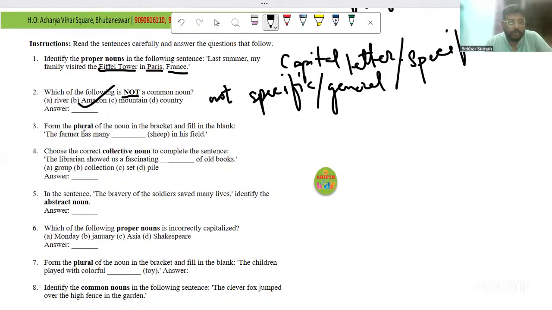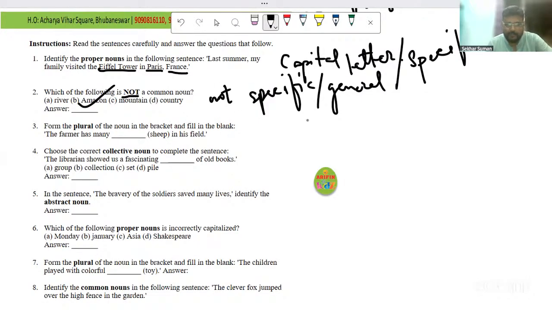Can we move ahead with question number 3? Form the plural of the noun in the bracket and fill in the blank. Okay. How many of you could answer this? Yes. Right, right.